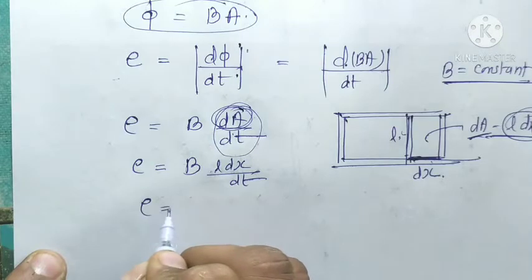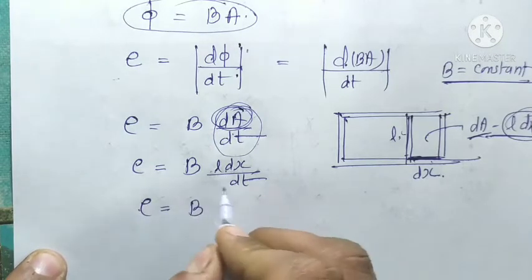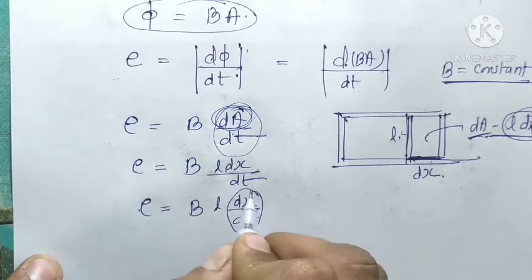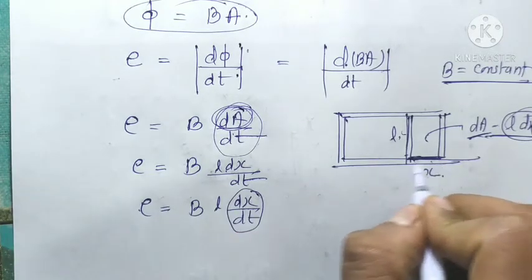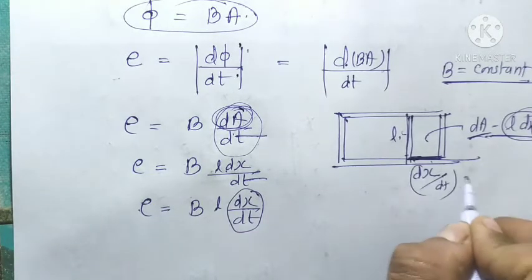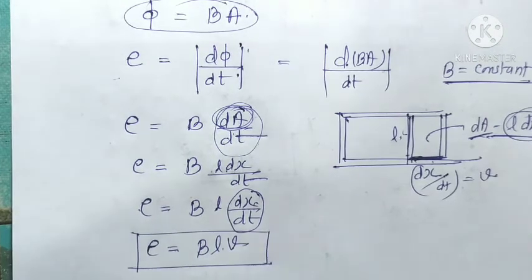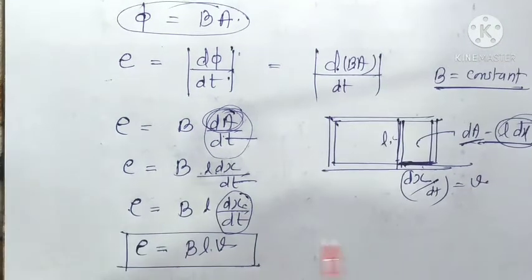Finally, the induced EMF is equal to the magnetic field B, L and dx upon dt. What is the meaning of dx upon dt? It gives velocity. So directly we write the induced EMF is BLV. This is the value of the induced EMF.